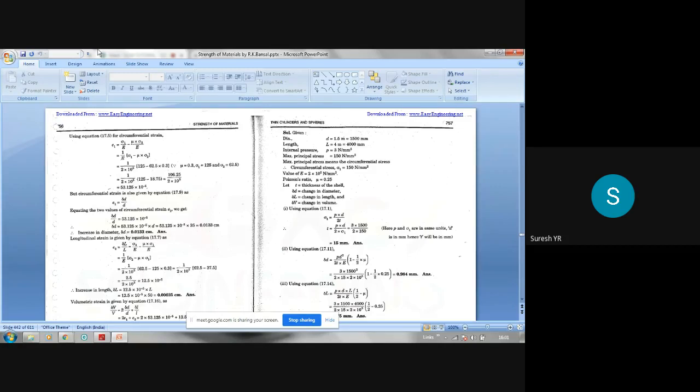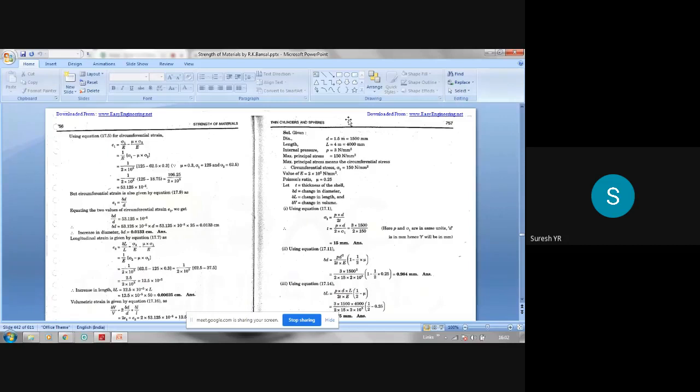Problems may be given on finding the circumferential stress and longitudinal stress in a thin cylinder, or finding the thickness given the permissible stress value, or finding the change in volume. If the ratio is less than 1 by 20, then it becomes a thick cylinder.